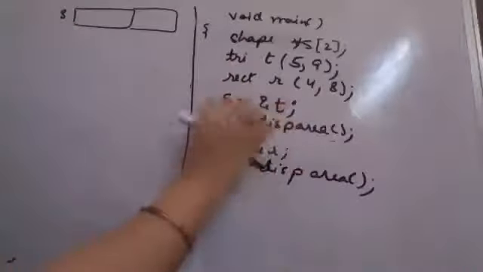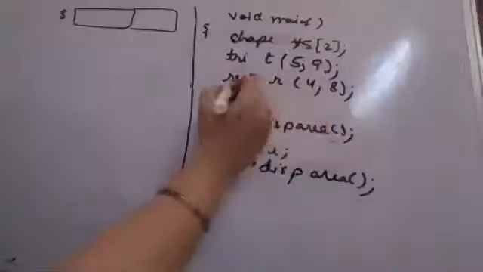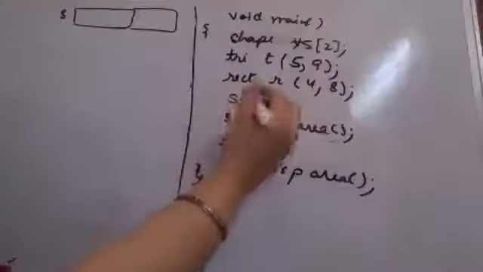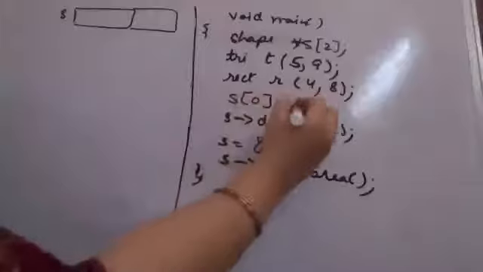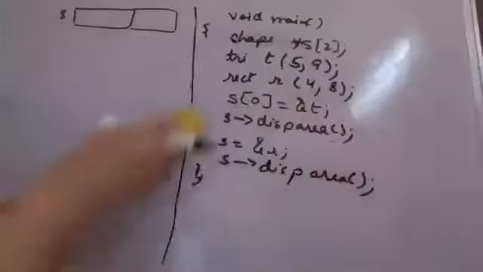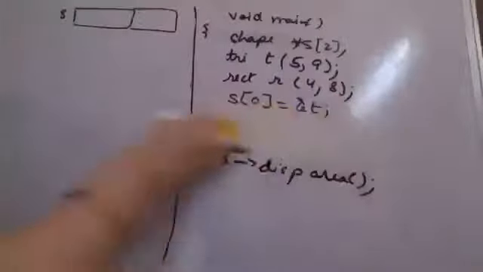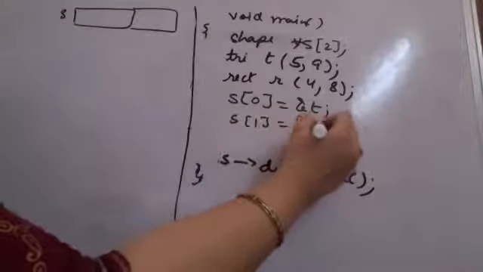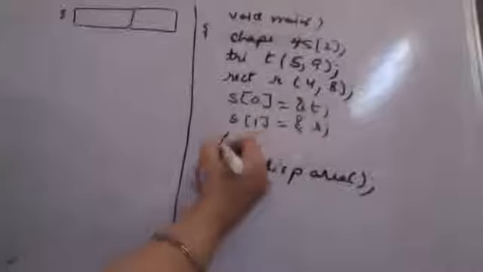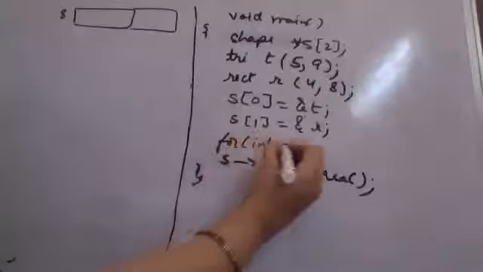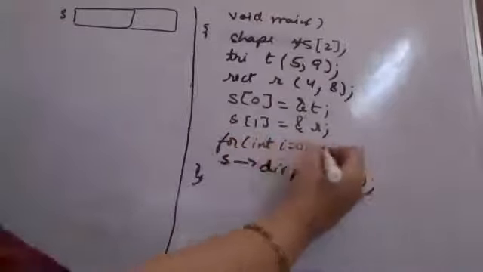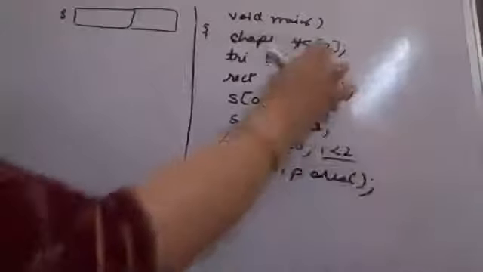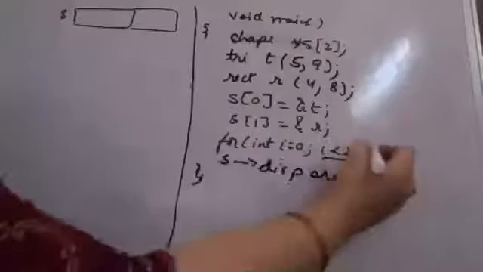Now instead of doing this, I am saying that S of 0 is equal to address of T, and S of 1 is equal to address of R, and within a for loop I say integer I is equal to 0, I less than 2 since the length is 2 only, and I plus plus.